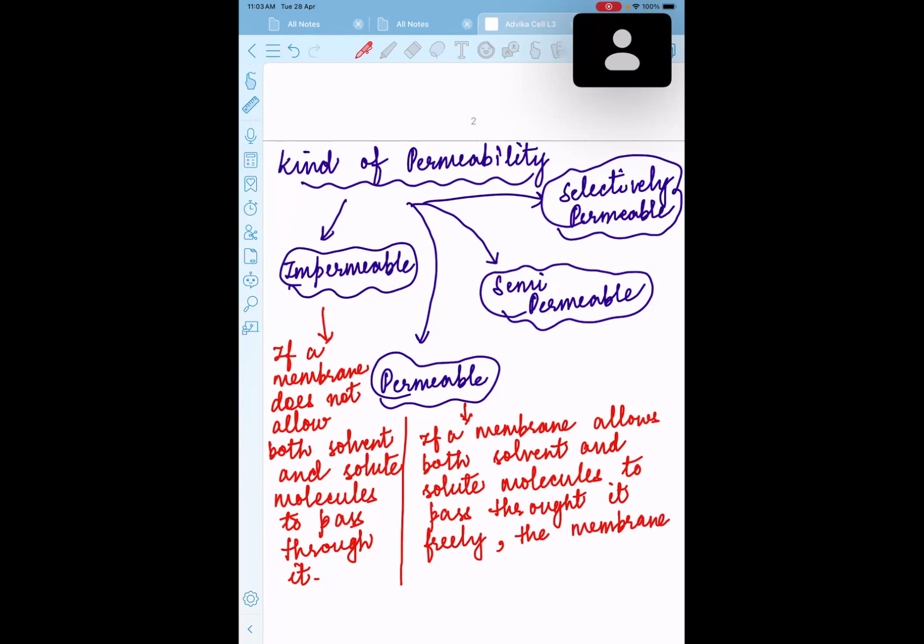Clear? So in this condition, both will pass easily.